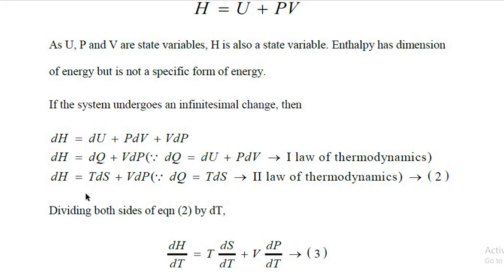So at constant P, this becomes ∂H divided by ∂S is equal to T. Okay, so ∂H/∂S at constant P is equal to T. Similarly, ∂H/∂P at a constant S is equal to V.